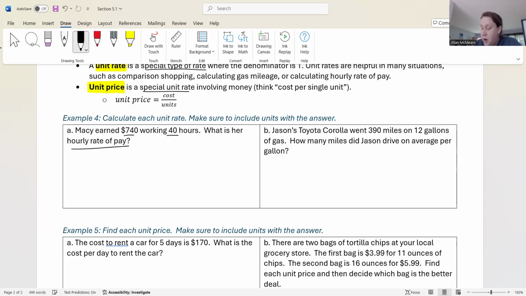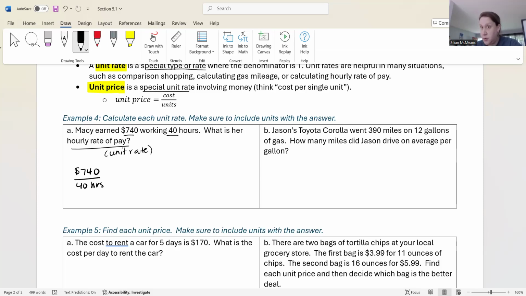When we're talking about an hourly rate of pay, this is essentially just a unit rate. We want to know how many dollars were earned in just one single hour. So let's start by just writing this as a regular rate. We would say, okay, Macy earned $740 working 40 hours. If we want to write this as a unit rate, we need to force our denominator to be 1.